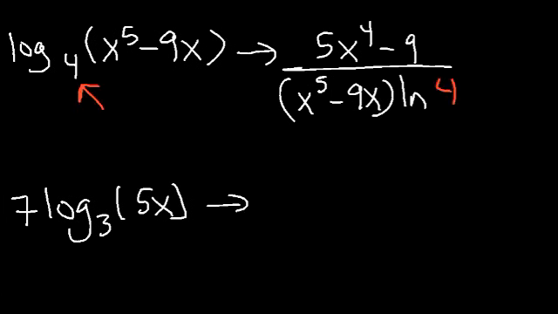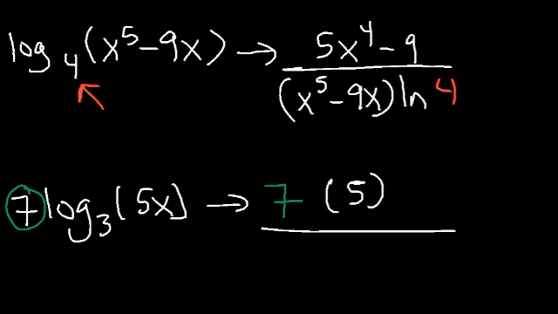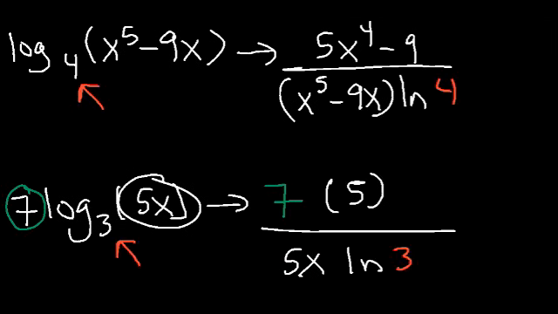Now let's do the same thing for the next one. So we have a constant in the front. Let's rewrite it. So it's going to be 7 times the derivative of this function. The derivative of the inside, 5x, is simply 5, divided by the original 5x times ln of base 3.